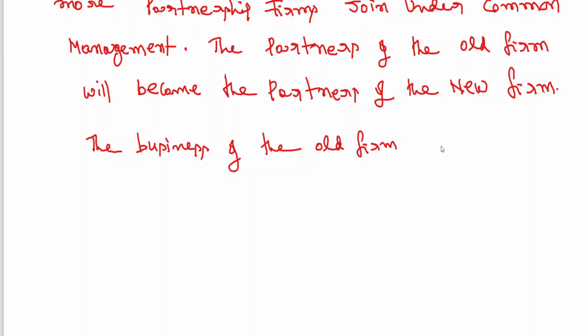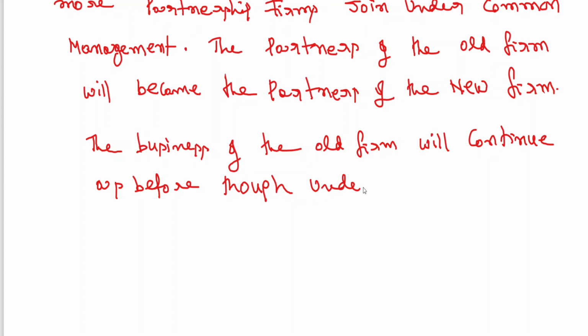The business of the old firm will continue as before, though under a single name.